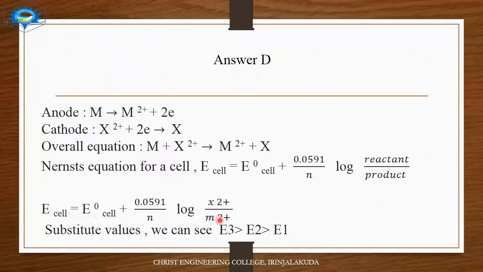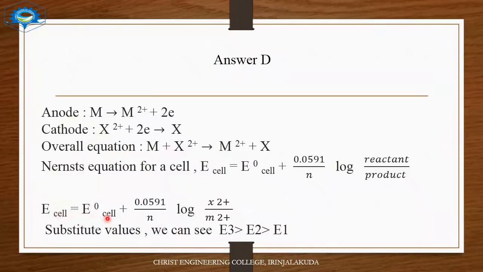In the case of E1, when we substitute X2+ and M2+, the ratio is a low value, so when we take its logarithmic value, it becomes negative. So E cell is equal to E0 cell minus a term, which means E cell is less than E0 cell, because the logarithmic value becomes negative.